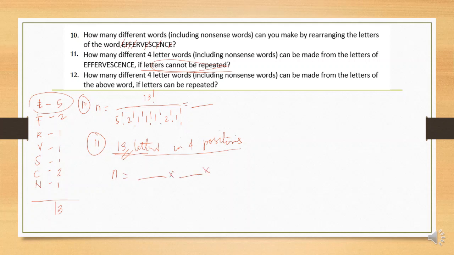So, 4 positions, diba usually, 13, kung hindi siya repeated, 12, 11, and 10. Ganyan yung solution natin. But since, dito sa ating 13, halimbawa, nagamit natin yung isang letter E, sa 12 na ito, meron pang 4 na natitirang E. Gets nyo ba?